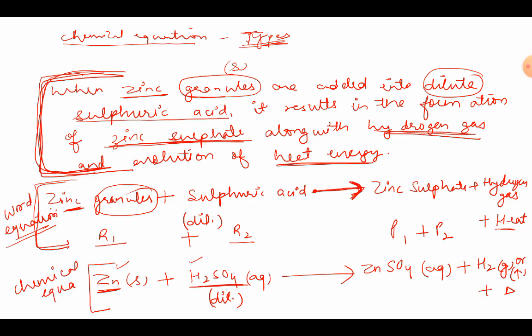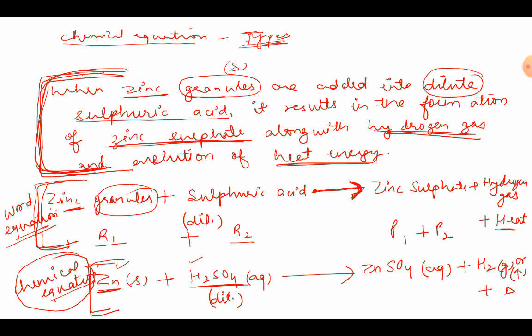Initially it was such a big paragraph, then we made it shorter by writing the reactants and products in words. Then we made it the shortest by writing it in terms of symbols and formulae. Whenever a chemical reaction is written in terms of symbols and formulae, it is called a chemical equation.